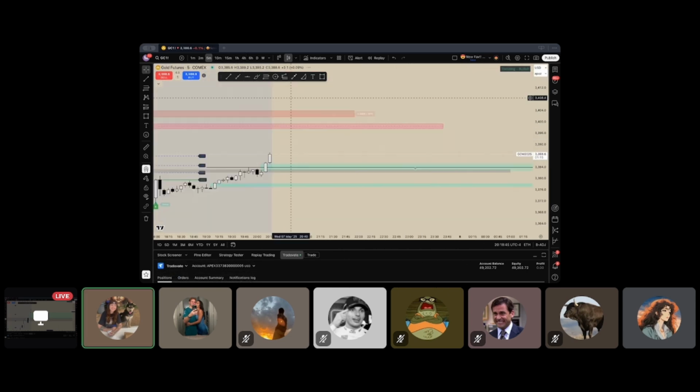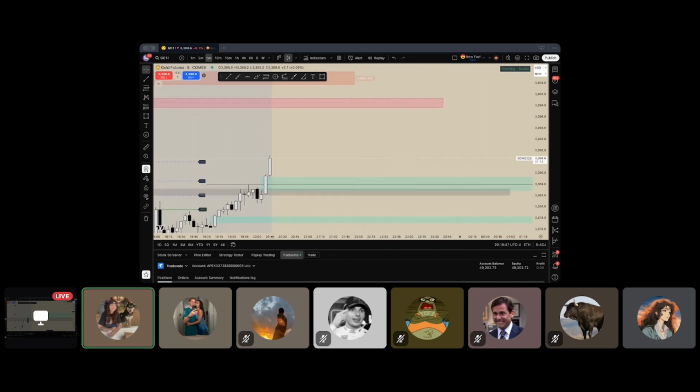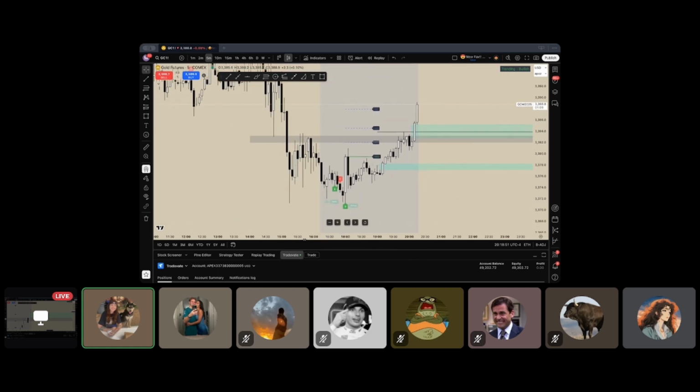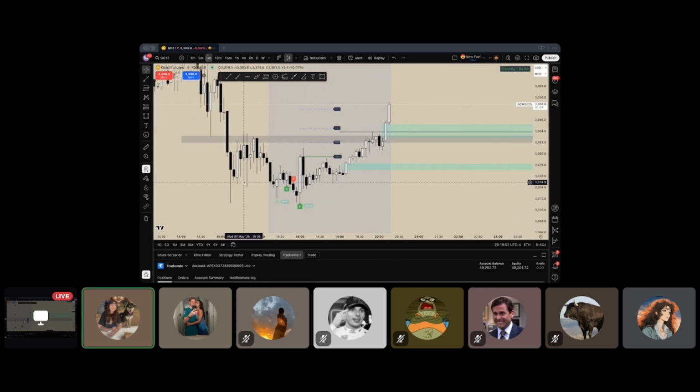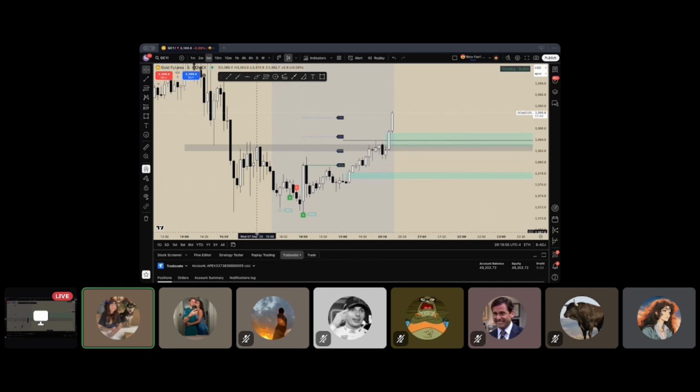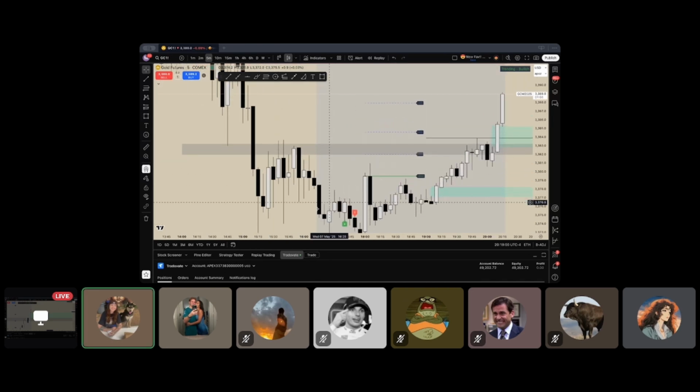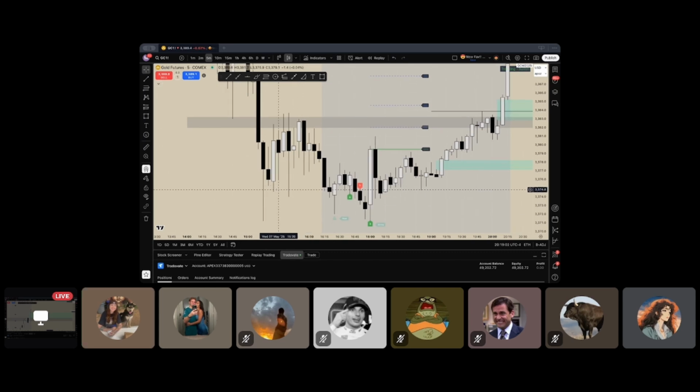But if I was on a 5 minute, and I wanted to short this, we're back here and I'm shorting this. I would aim for a swing low, which would probably be right here.